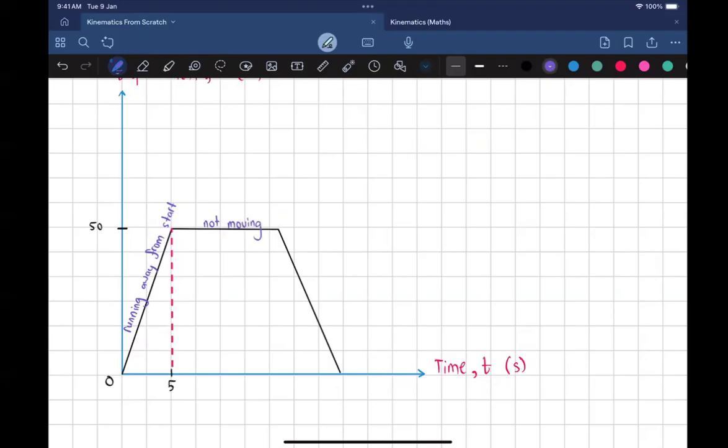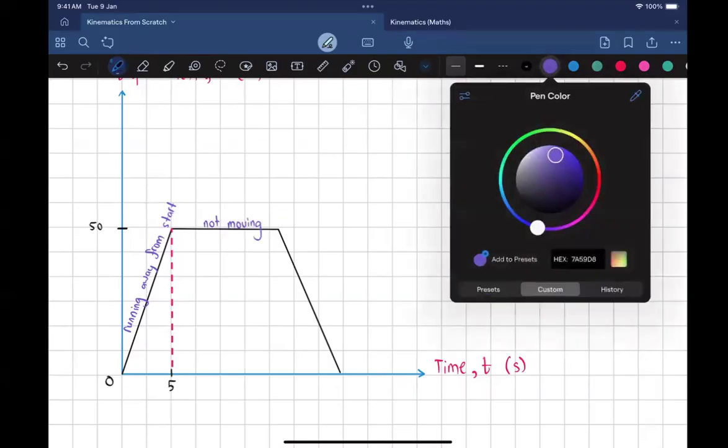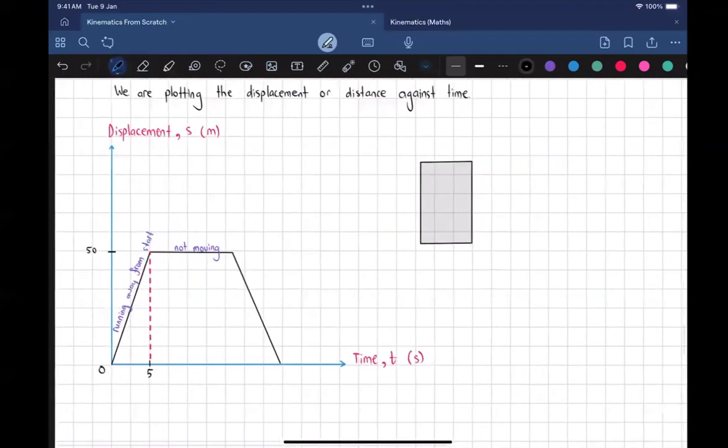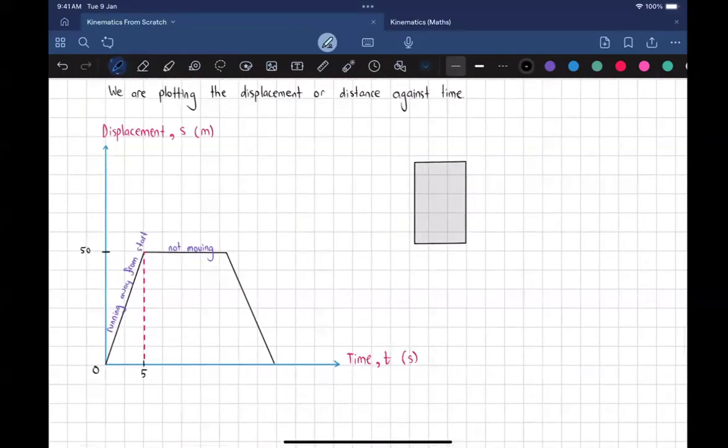Haley, if you have a racetrack, let me just say you have a racetrack over here. According to the graph, what do you think the distance of the racetrack is from start to finish? What distance did the runner reach?